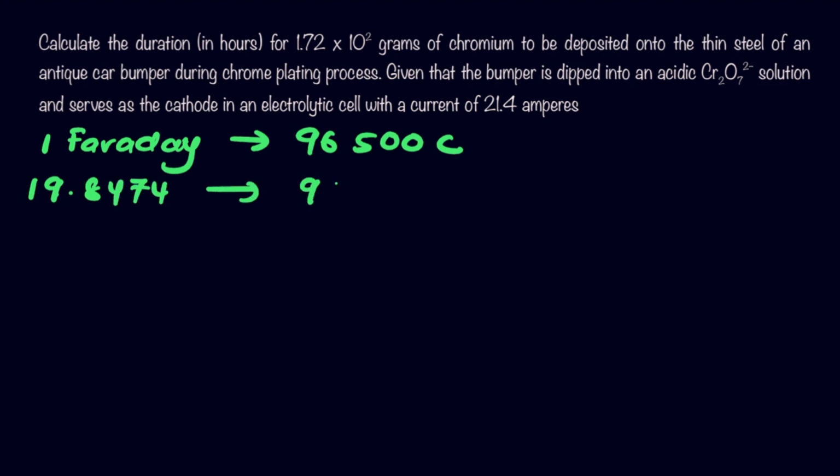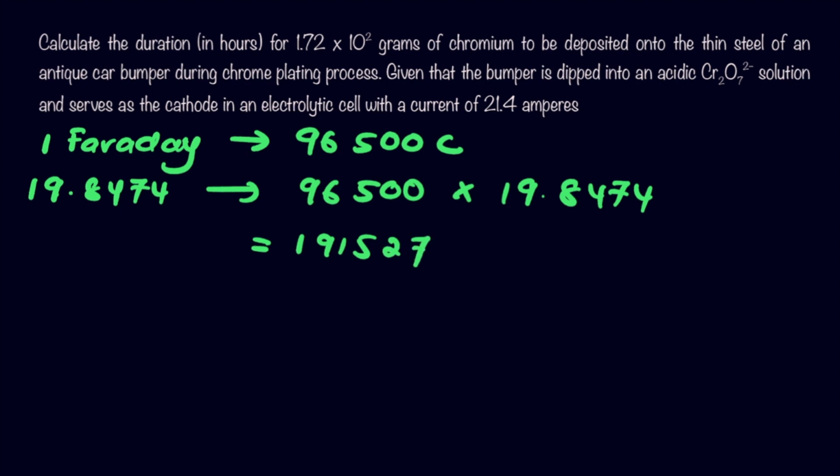Hence, it's going to be 96,500 times 19.8474. Therefore, you will get 1915274.10 Coulomb. Right. So from here, only then can we use this value to calculate Q equivalent to IT.